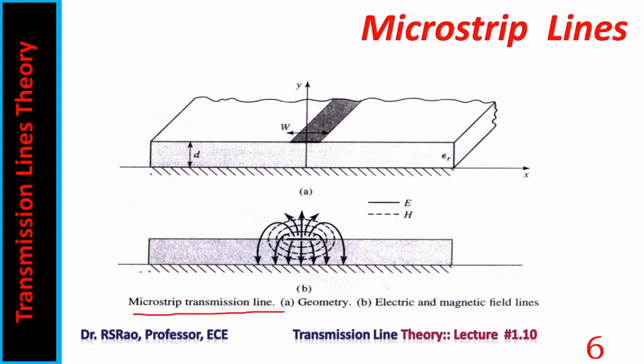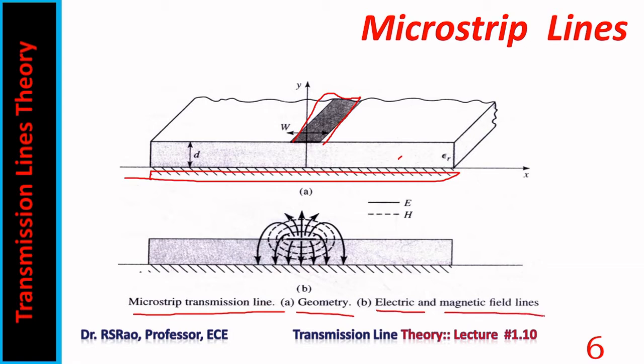The micro strip transmission line geometry is shown. Already it is indicated in the previous slide. Here the structure is illustrated completely. This is while it is functioning. This is conductor. This one is a small strip, conductor strip. This is dielectric. When it is working, here is shown electric and magnetic field lines or flux lines.